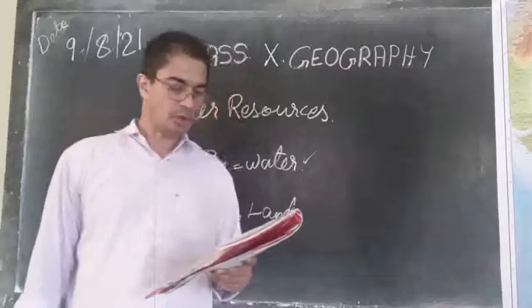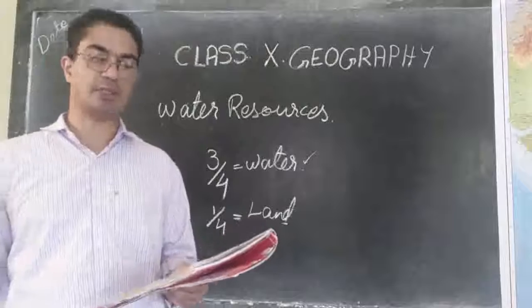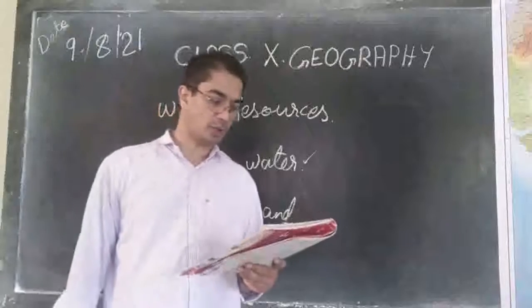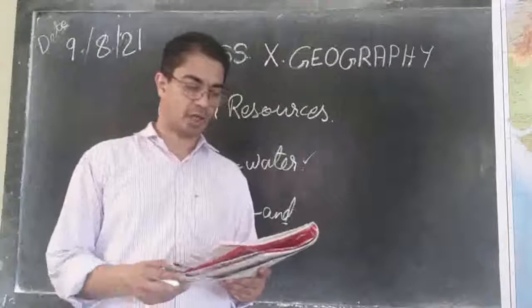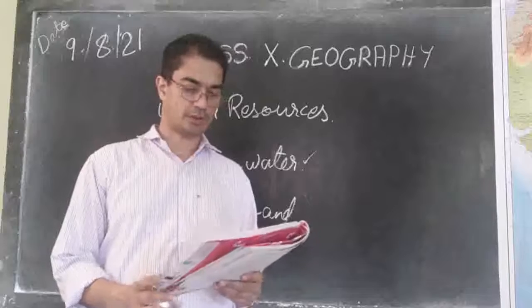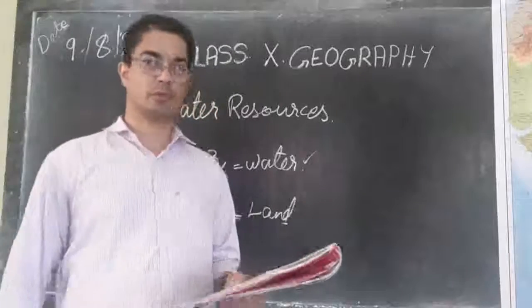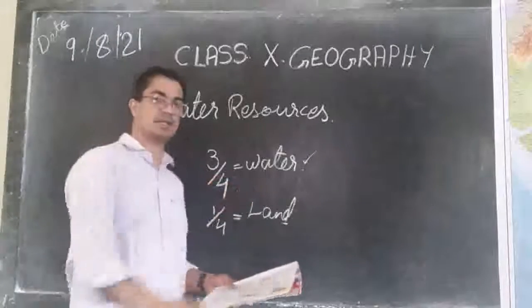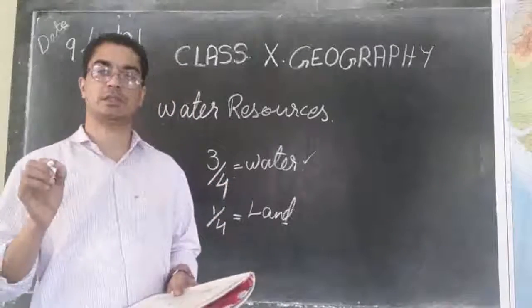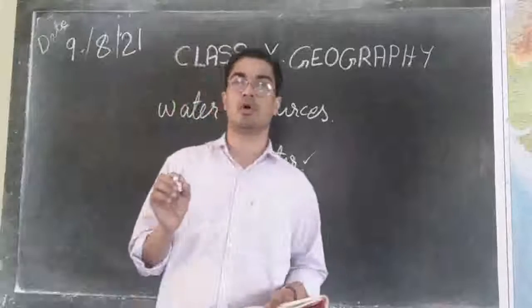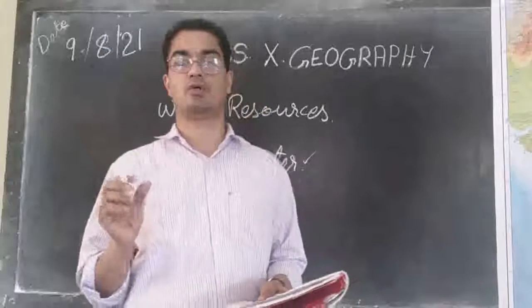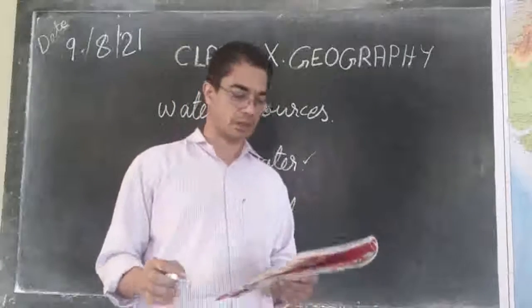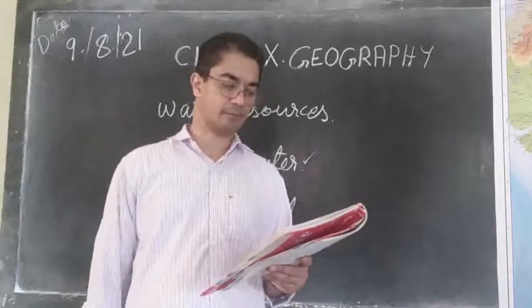So fresh water accounts for only a small proportion that can be put to use. Though 3/4 of the earth is water, the fresh water that we can drink or put to different uses is very little.